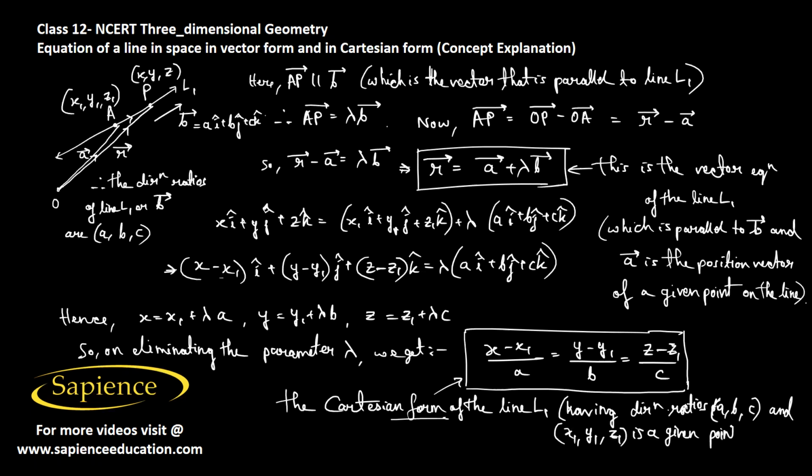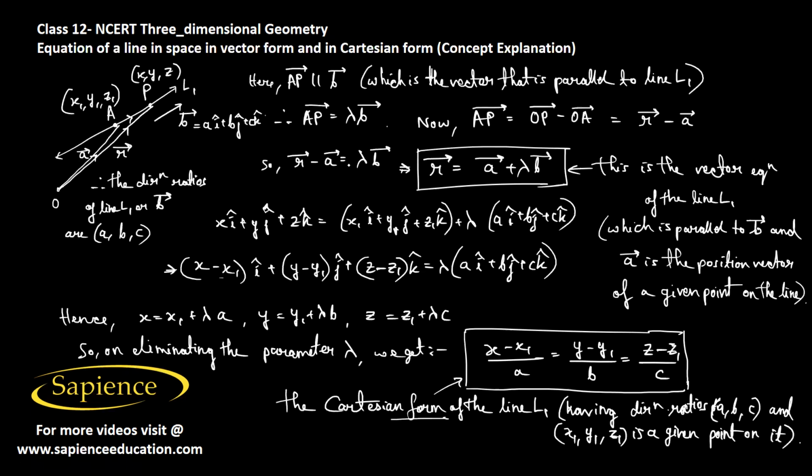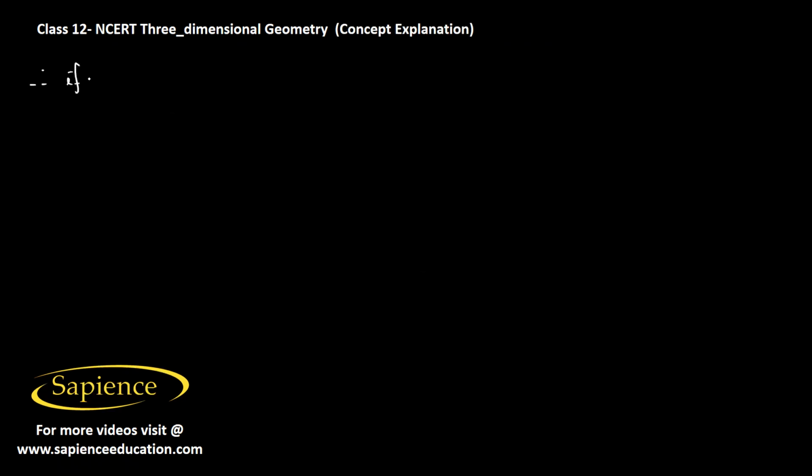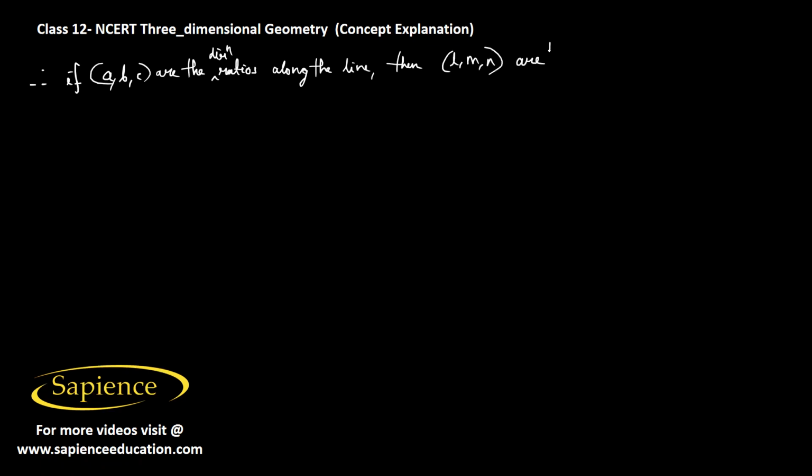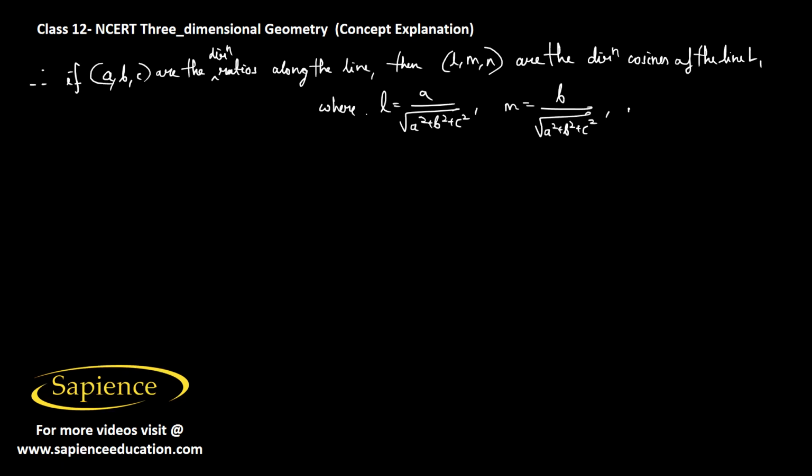Then, if a, b, c are the direction ratios along the line, we can also find l, m, and n, the direction cosines of the line L1, where l will be given as a by square root of a square plus b square plus c square, and m will be given as b by square root of a square plus b square plus c square, and n will be given as c by square root of a square plus b square plus c square.